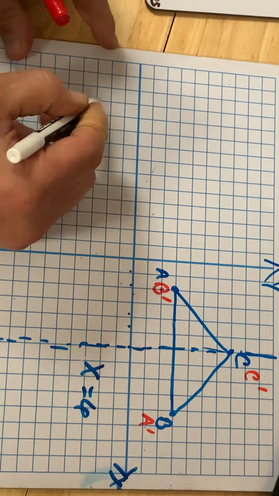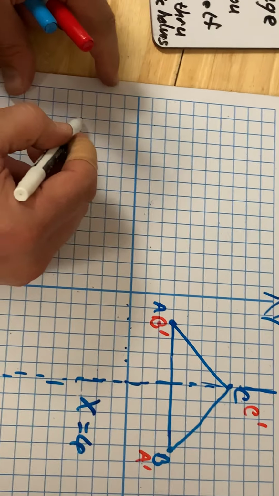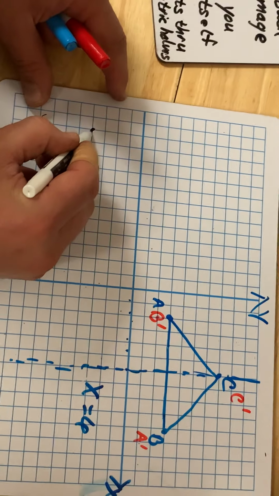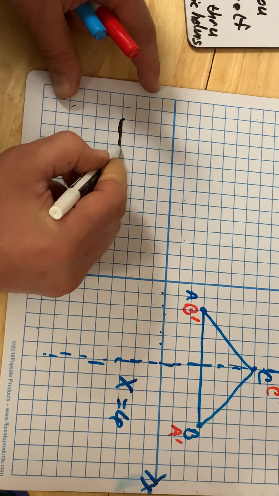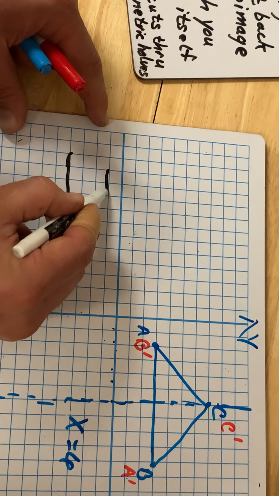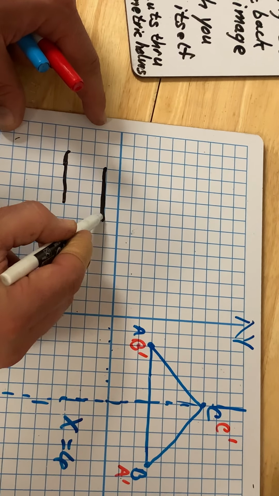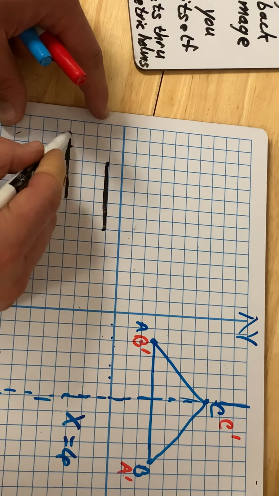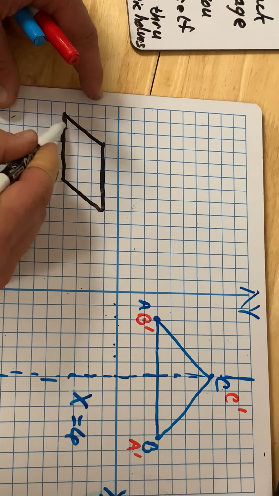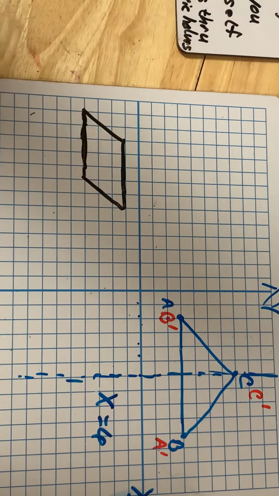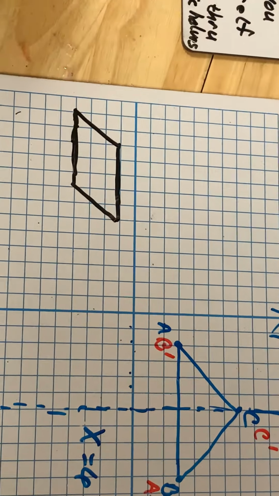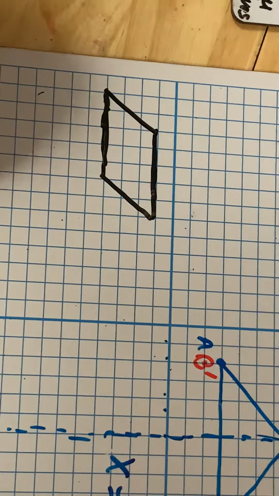Let's take a parallelogram. So let's go back to a quadrilateral here. All right, so here we have a parallelogram: a quadrilateral, 4 sides, 2 pairs of parallel sides, opposite sides are parallel.